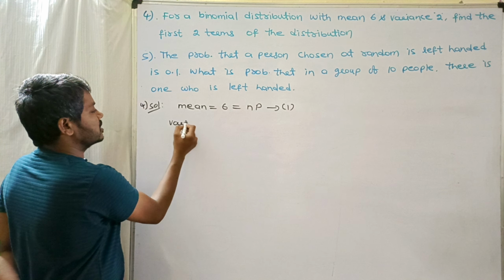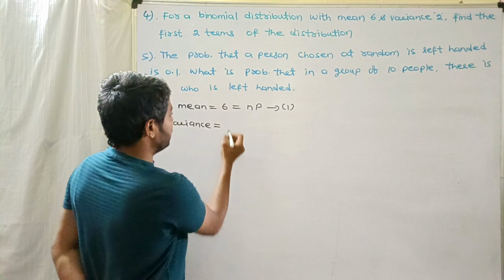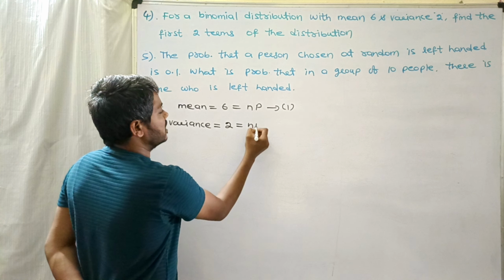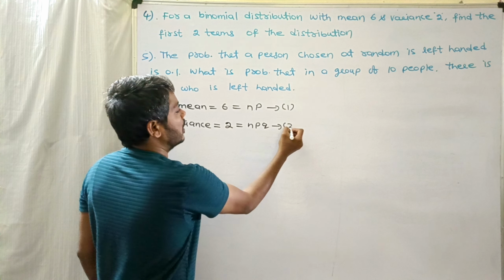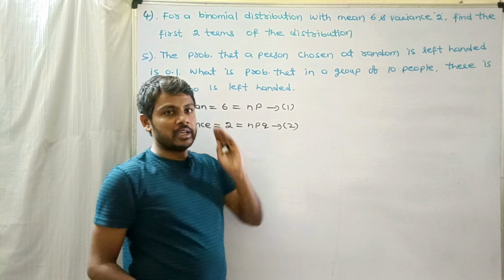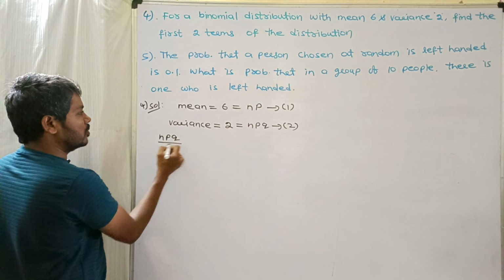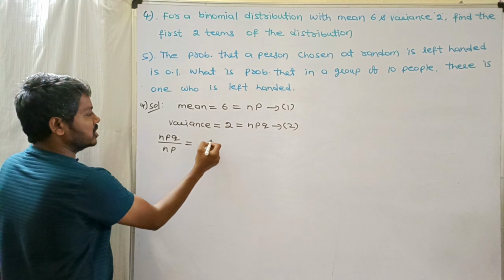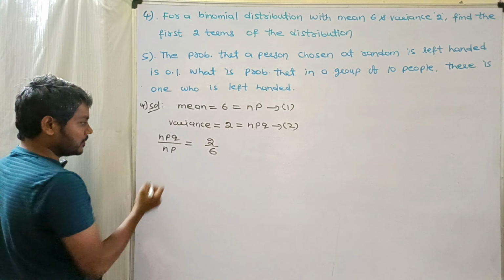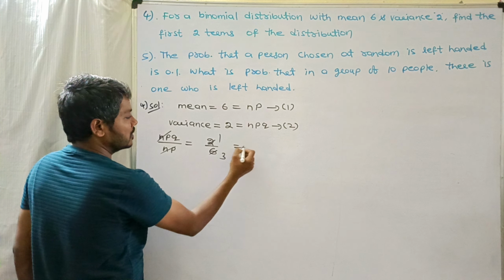So this is equation 1. Next, variance. The given variance is 2. We know that the variance formula is npq. Again, we can do a similar process: equation 2 by equation 1, that is npq by np, which equals 2 by 6. np gets cancelled; 2 ones are 2, 2 threes are 6.